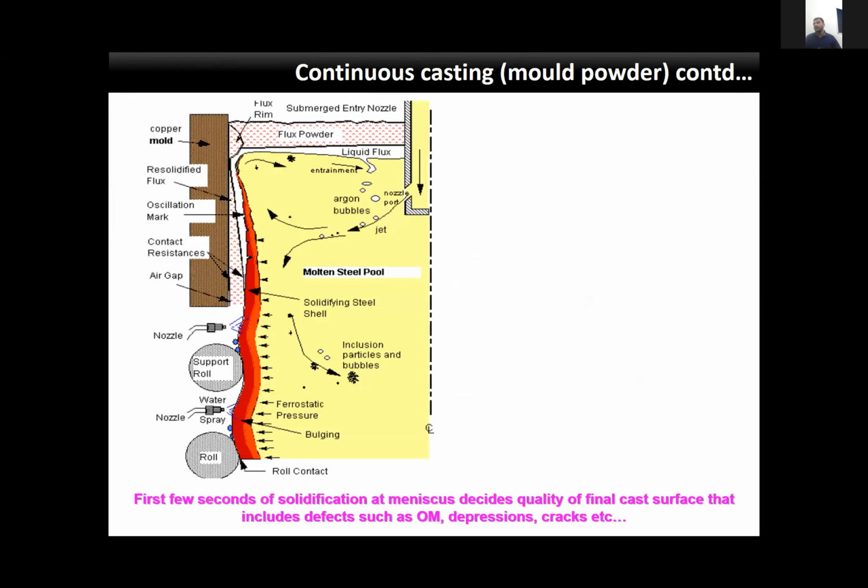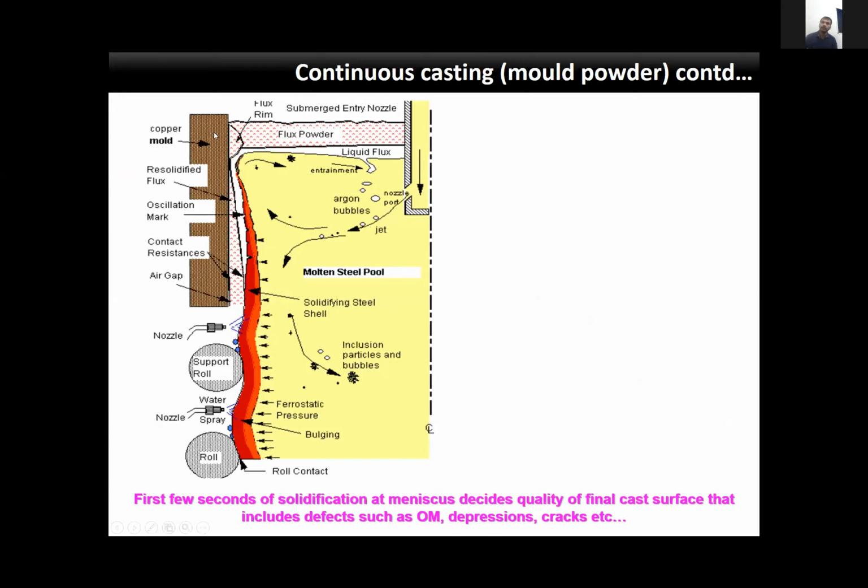As I told, the earlier one is the cold model using water and oil, the water model. And now we have also studied some continuous casting phenomena using a hot model. So I would like to give a brief introduction to the continuous casting process here.